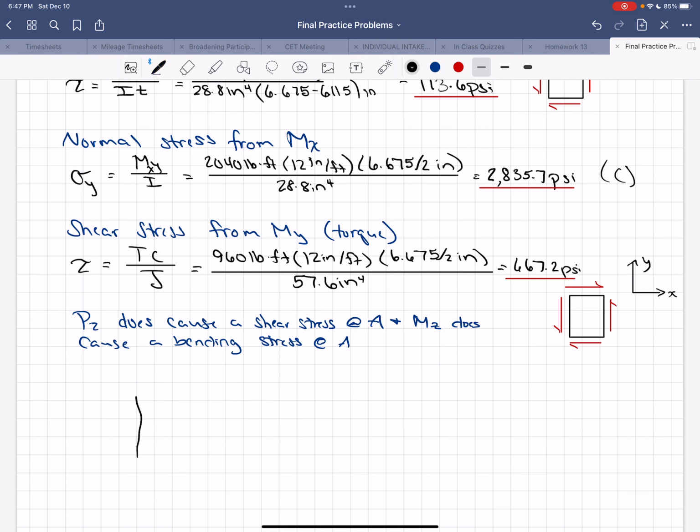All right, so then we summarize this in a stress block. This is A. It's very important. We label our axes here. We have two shear stresses that we're going to add together. They're both going the same way. We have the torque shear stress, and we have the bending shear stress.